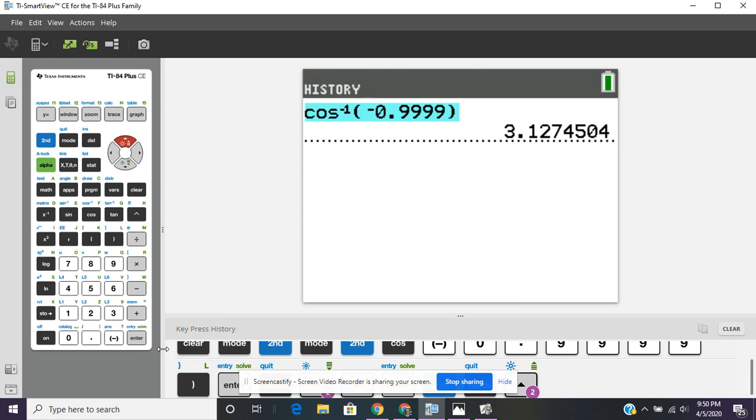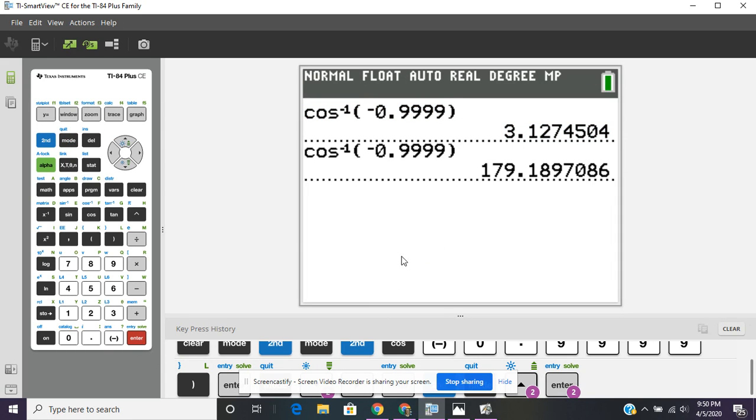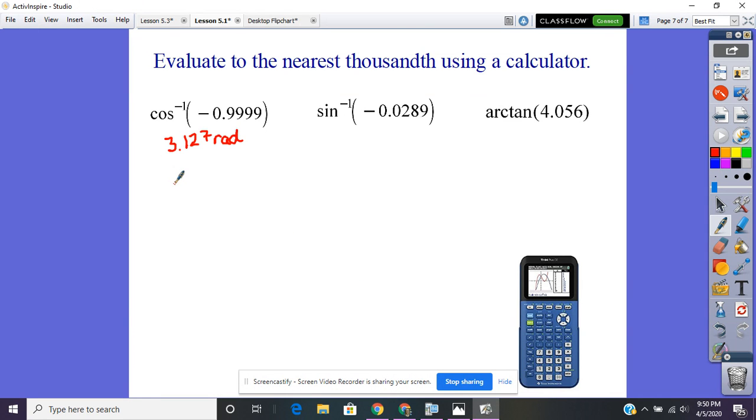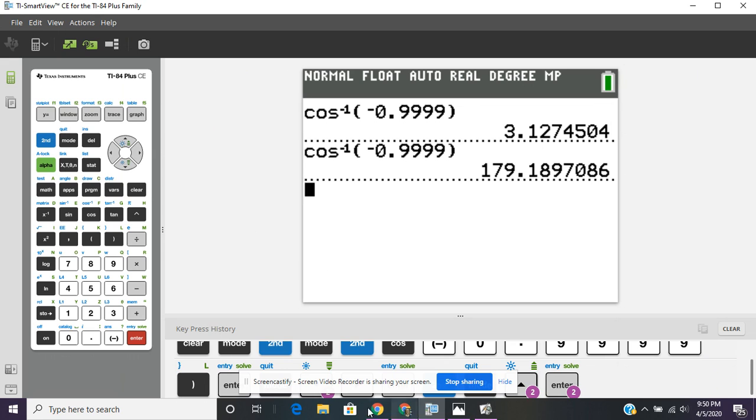I could go back up here, grab that, and it's 179.190 degrees. So either answer is fine, and all 3 of these are available on the calculator. You could just go through and type all those answers in.